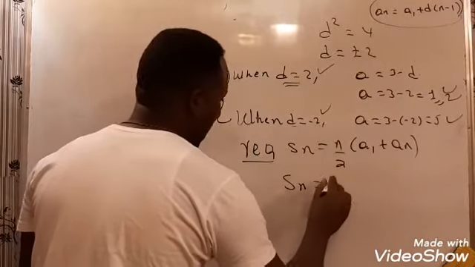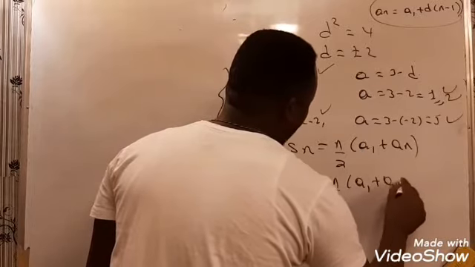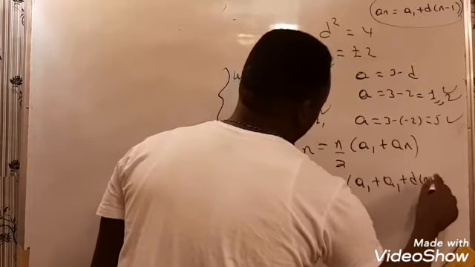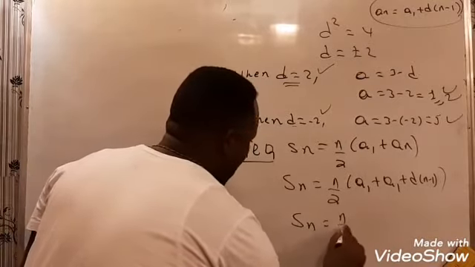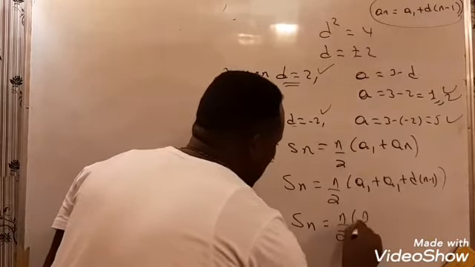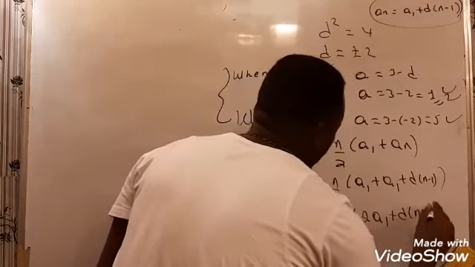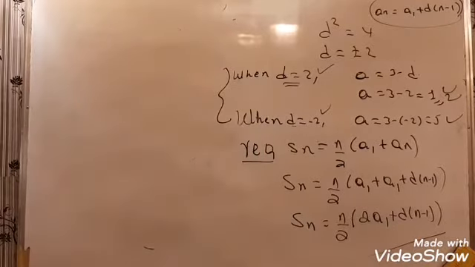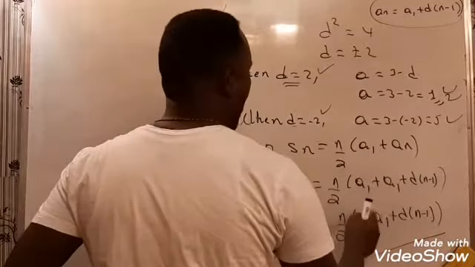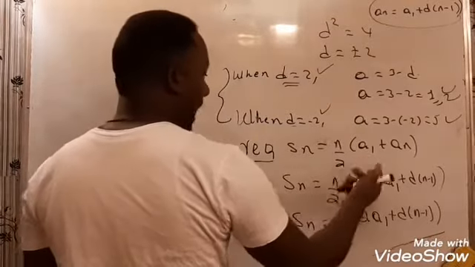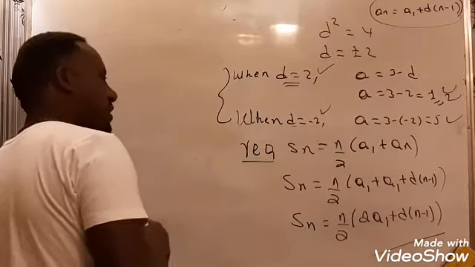So Sn will be what? n over 2 into a1 plus d into n minus 1. So we have this. That is Sn is exactly n over 2 into 2a1 plus d into n minus 1. Generally, whatever the values of a1 and d, assume that this a1 is a, because we assume that the first term for the sequence is a.